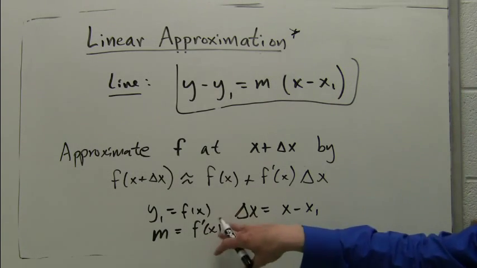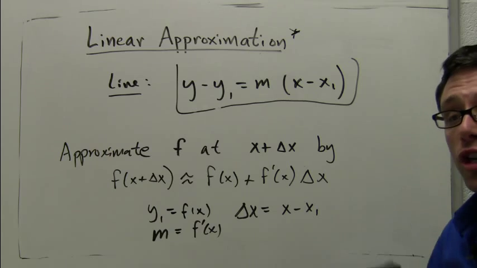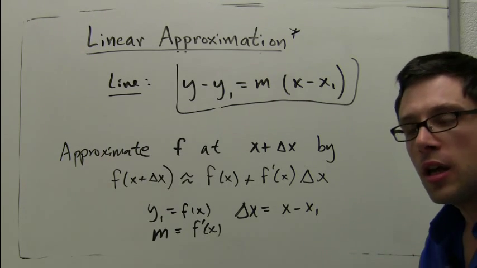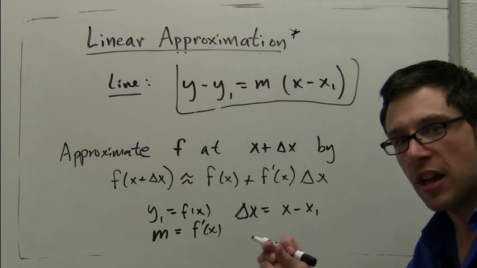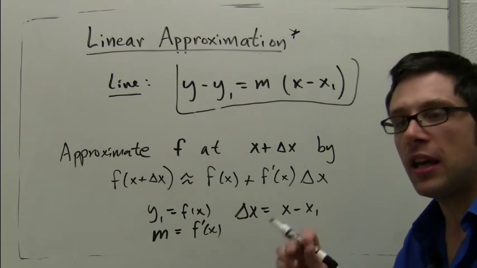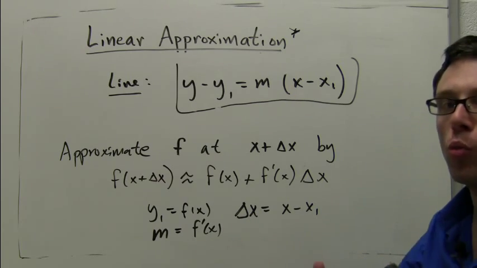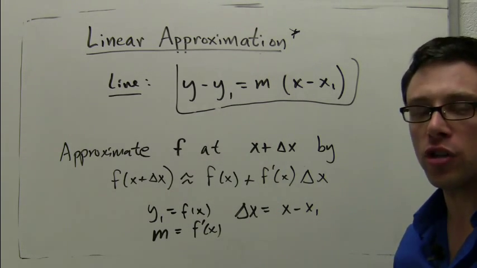Okay, so if you can think of it this way, it's just the equation of a line. That's it. And we're using the fact that if we zoom in close enough on any nonlinear function, then the actual function is really the same thing as the line, right? It's linear. But we're using the equation of the tangent line to approximate the function nearby the point where it touches the function.